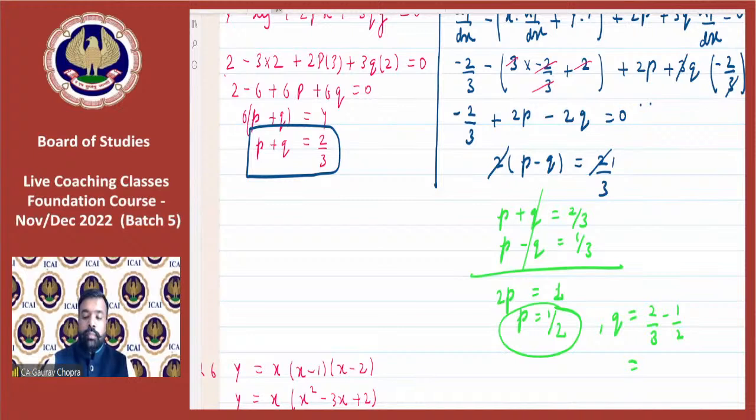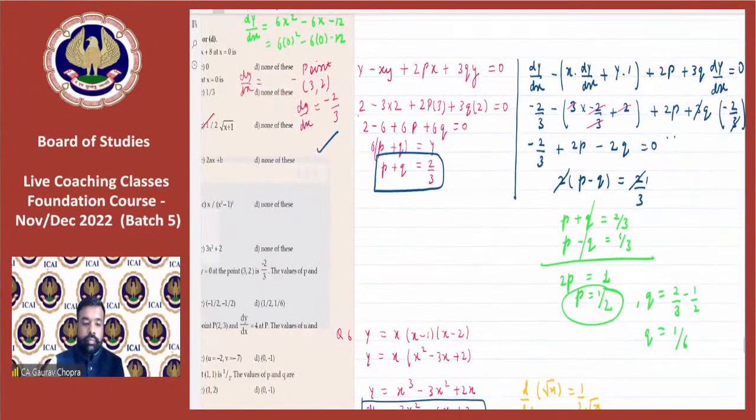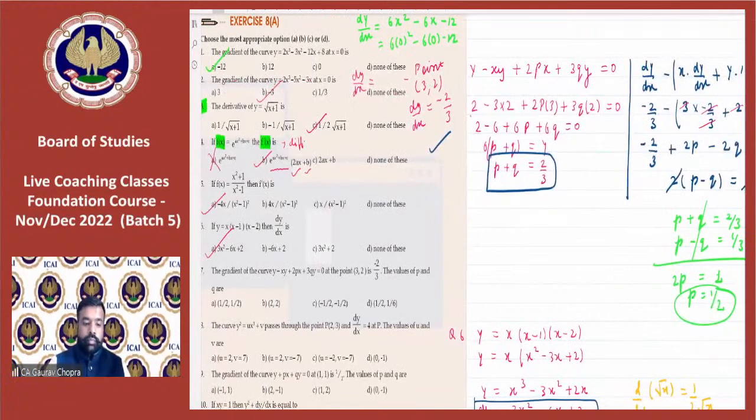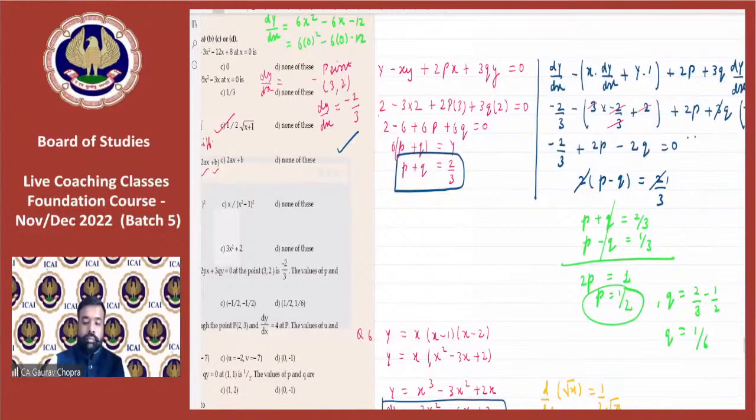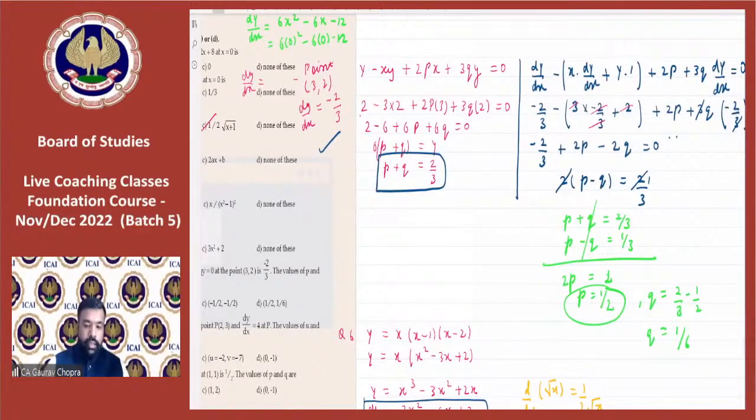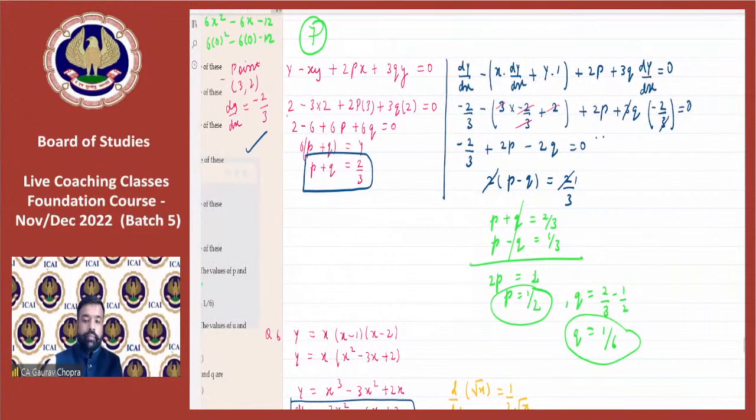So how much does it become? 1 by 6. So 1 by 2 and then 1 by 6. Option number D we can select. This was question number 7.